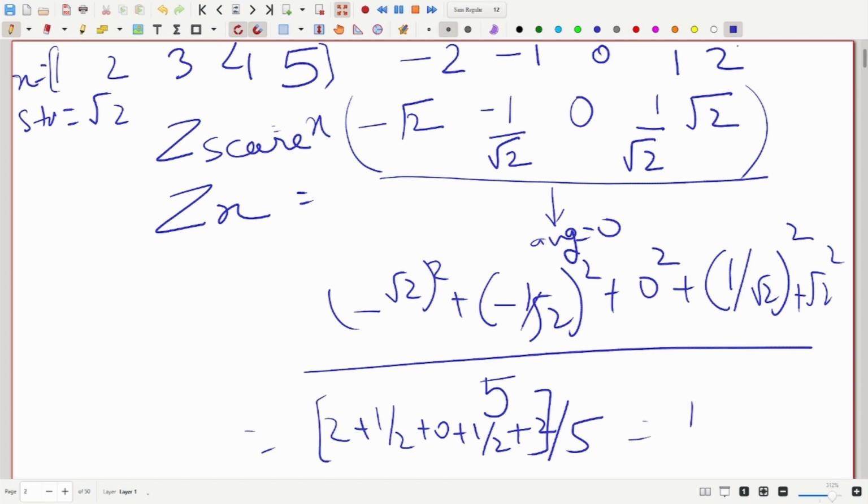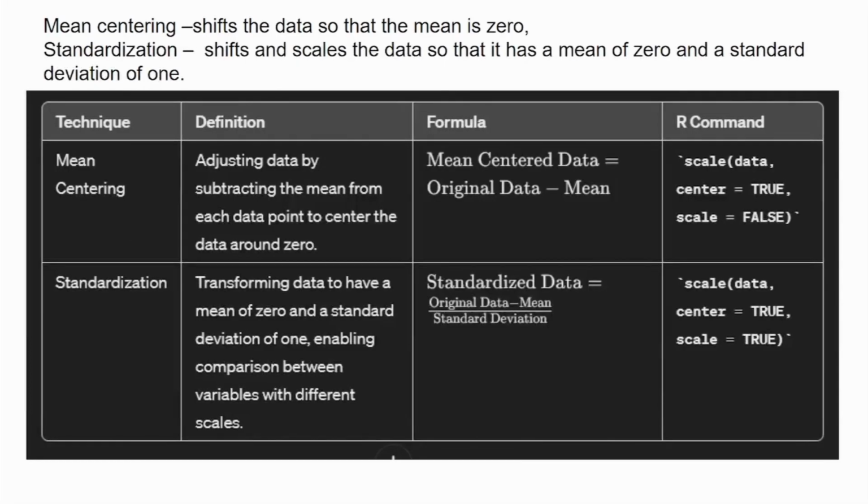So, as we were telling, a standardized data has a standard deviation of 1 and mean of 0.